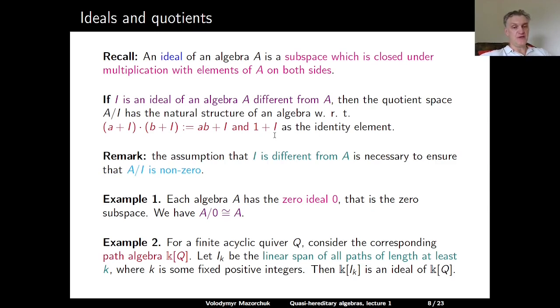For a fixed positive integer k, let I_k denote the linear span of all paths of length at least k. Then this linear span is an ideal of KQ.